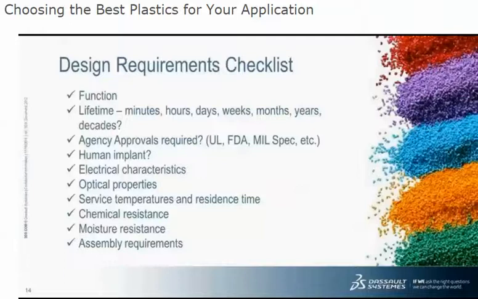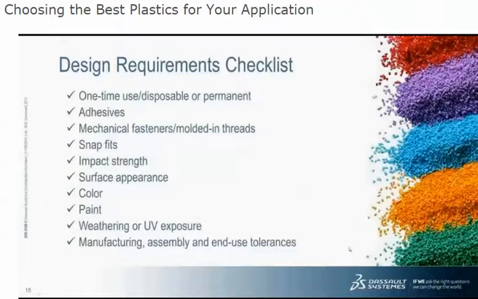Chemical resistance, moisture resistance. Will your part get assembled, be part of an assembly? Those considerations. This list goes on and on. Again, is it a one-time use adhesive? So if it gets assembled to something else, you have to take into account the chemical properties of the specific material.